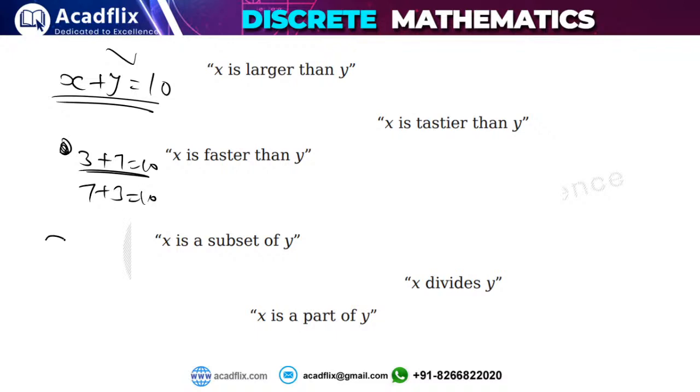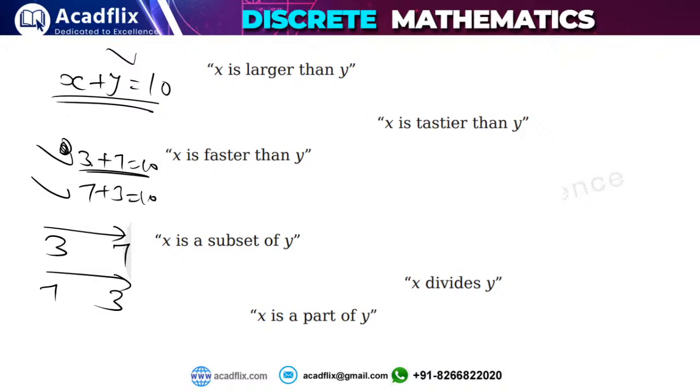So you can't say the order is increasing here, because 7 plus 3 is also 10, and 3 plus 7 is also 10. Basically there is no ranking here.